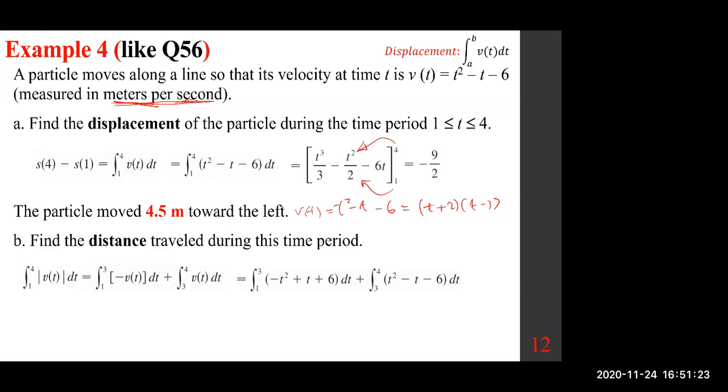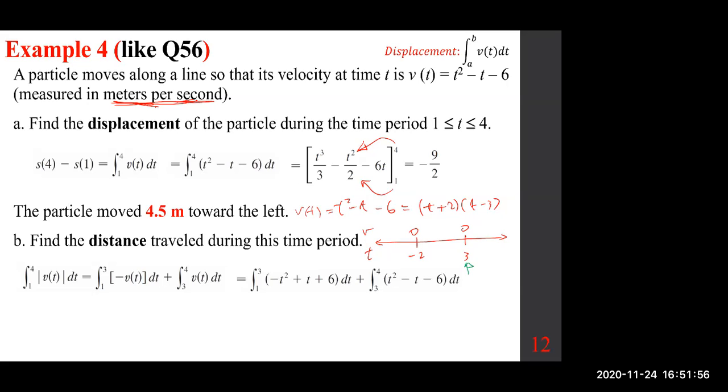So I hope you realize that if you set this equal to 0, so this is t, this is the velocity. So at negative 2 is 0, at positive 3 is 0. And what we do, we are going from 1 to 4. So it's just on both sides of 3 that matters, nothing else, okay? So this is the only one that matters because we are going to go from 1 to 4.